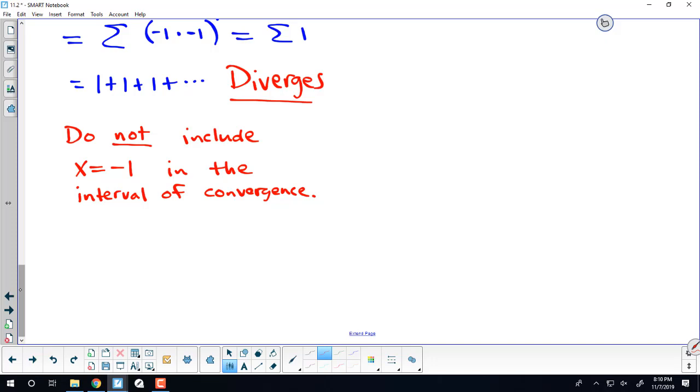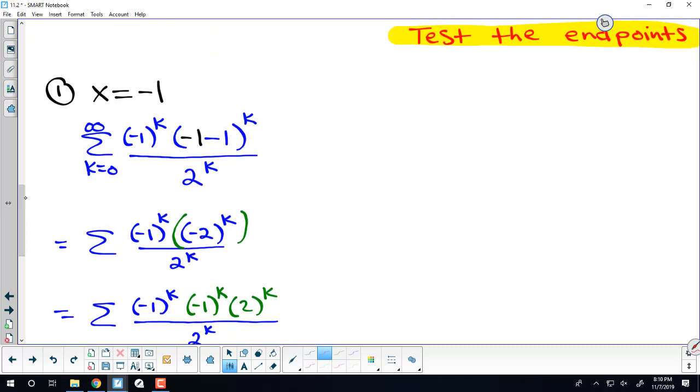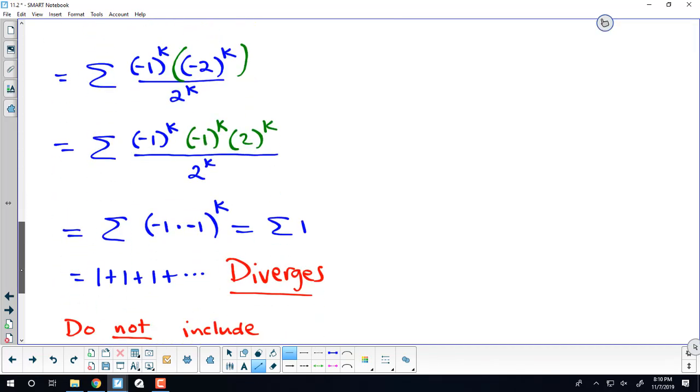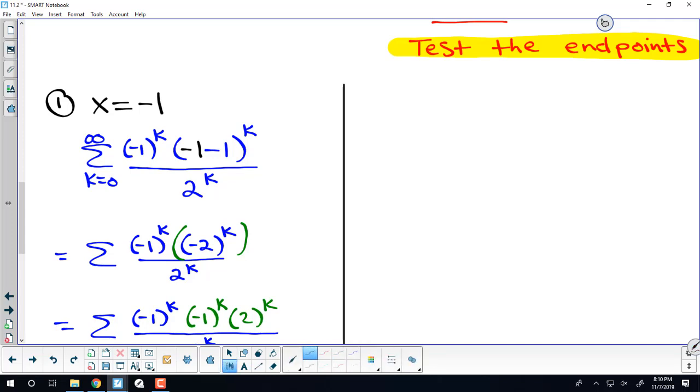Do y'all have any questions on that? When you test your endpoints, you will always have a series that can be tested through means of chapter 10. So now we have to test when x is equal to 3.